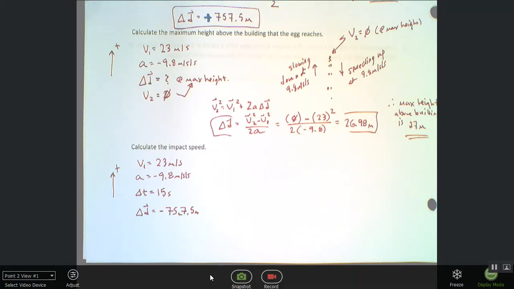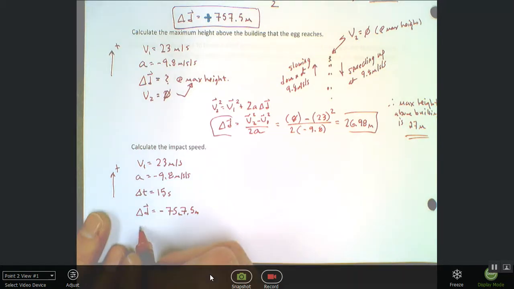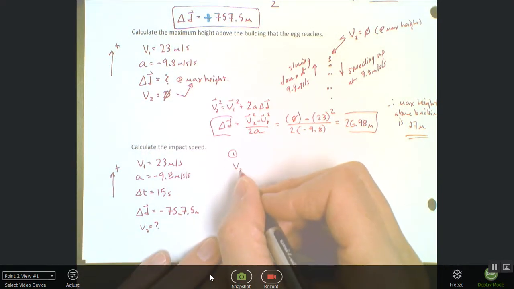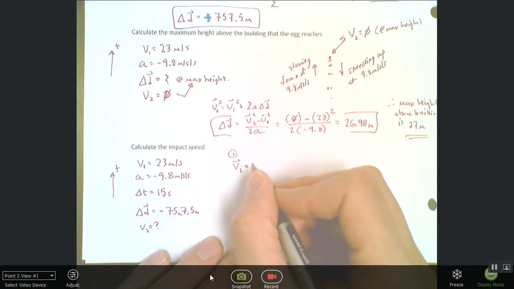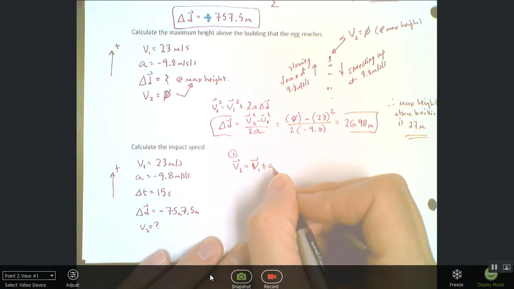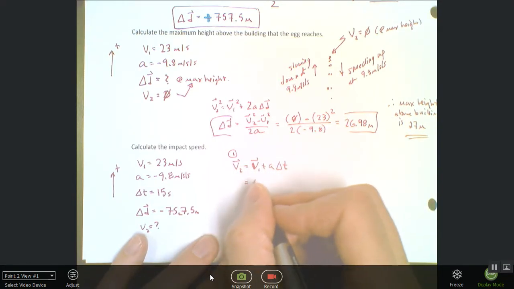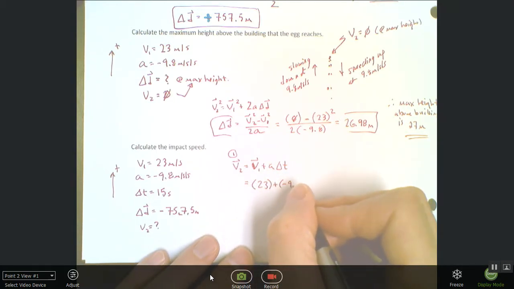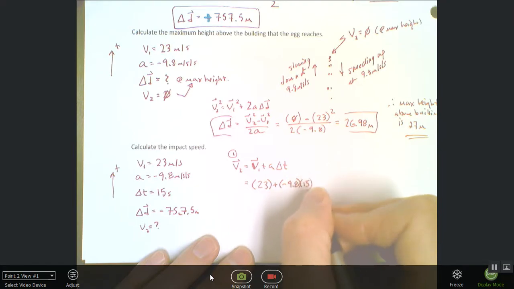So we have lots of information to figure out our final solution, and we're just trying to solve for V2. There are two ways of doing this. There's a simple way, which is this one: V2 equals V1 plus A delta T. V1 is 23, the acceleration is negative 9.8, and the time was 15.